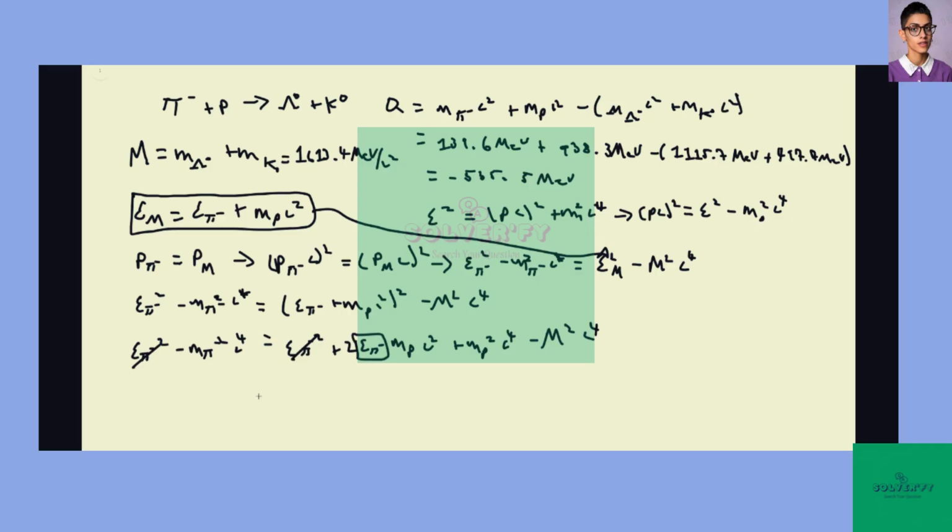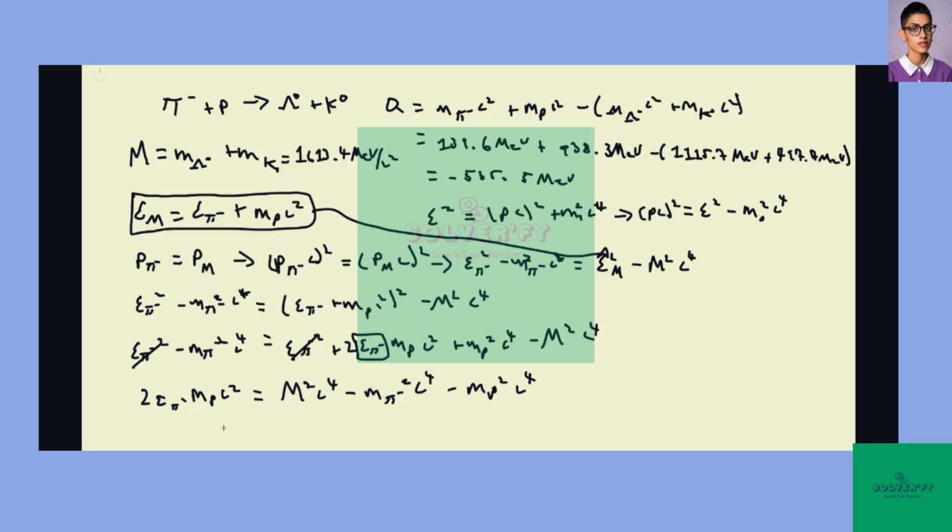So we can rearrange this, and we have 2 E of pi minus times m_p c squared is equal to, then we bring over that and add that, so we have big M squared c to the fourth minus m pi minus squared c to the fourth minus m_p squared c to the fourth.